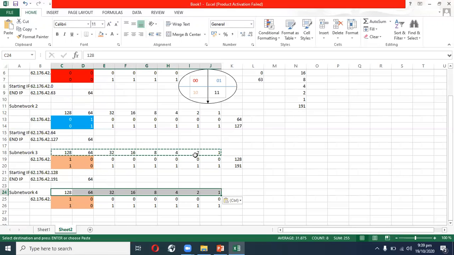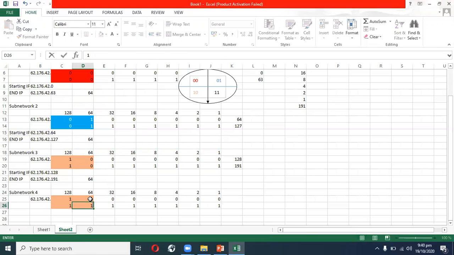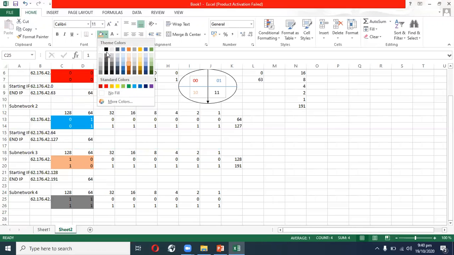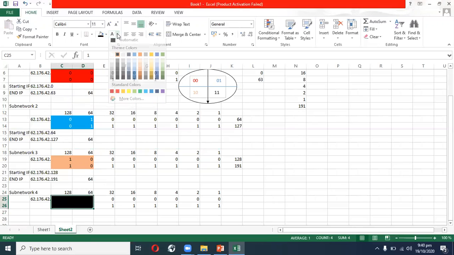The bits are 1-1, so this will be 1 and this will be 1. Let's make it all black, and the color will be white.